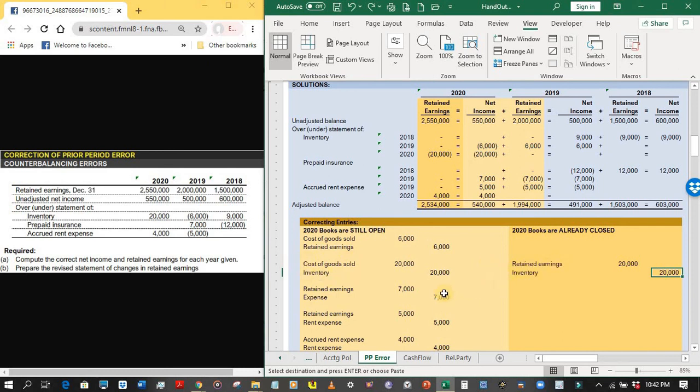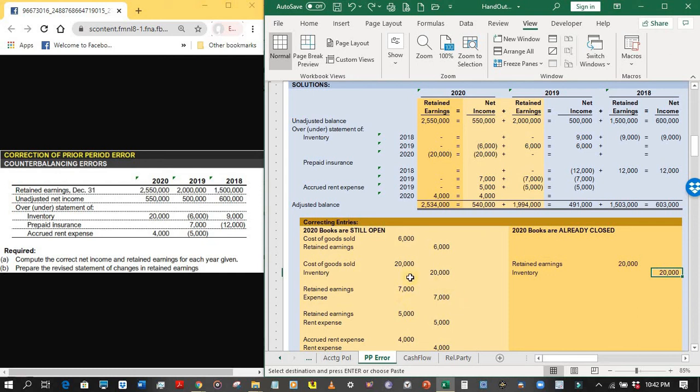Then let us proceed to the third entry. We have here retained earnings debit and credit expense, which is for insurance, a nominal account. If this entry will be recorded when the books are already closed, the expense will be replaced by retained earnings, which means the entry would be both debits and credits to retained earnings.